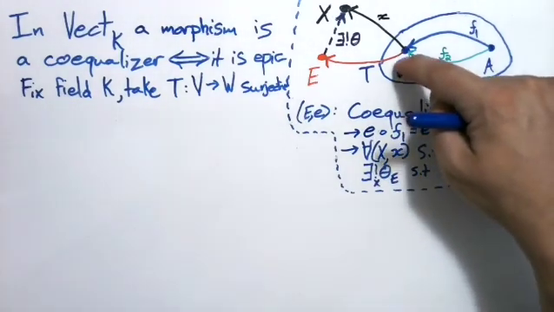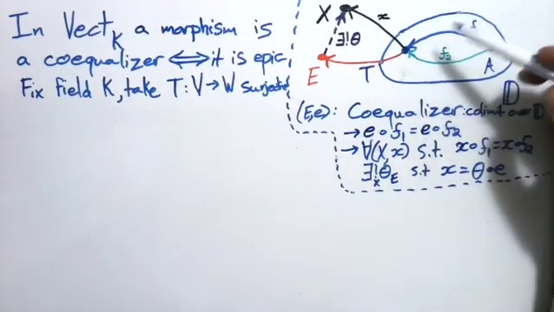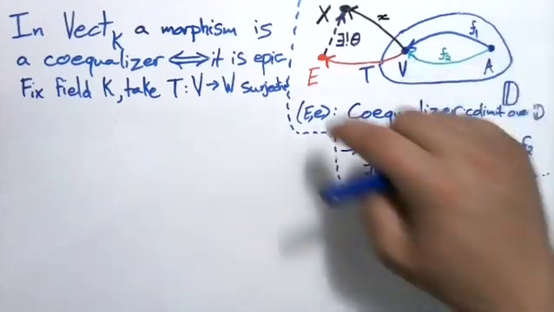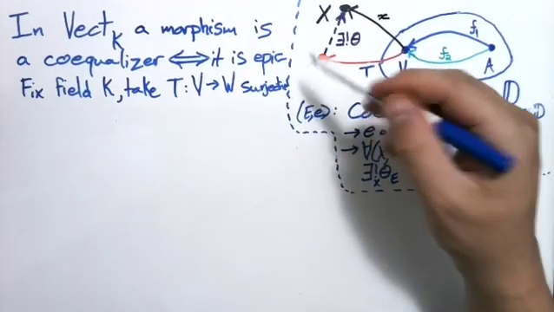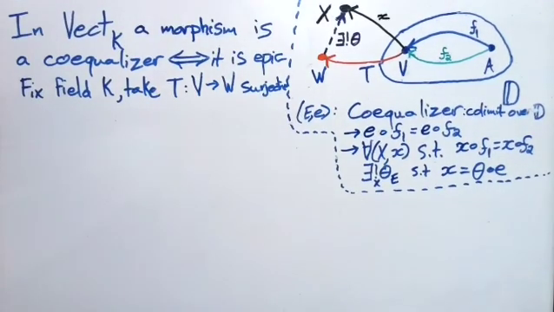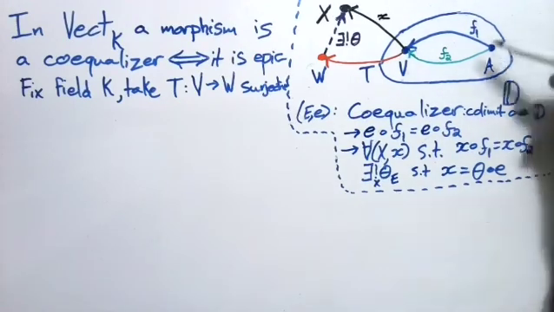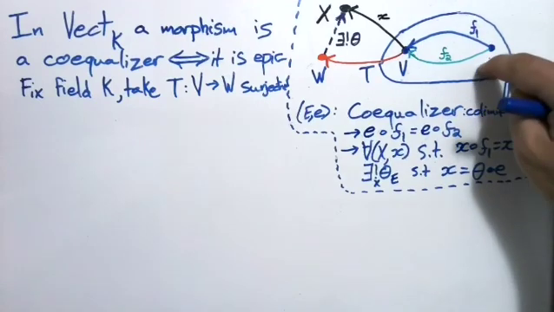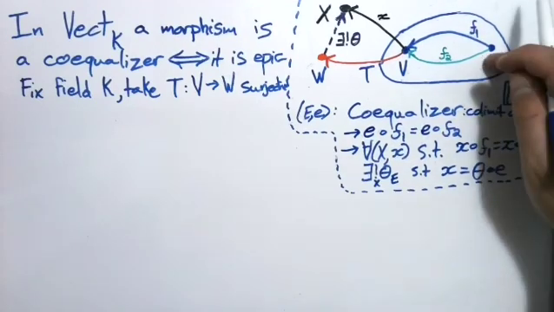And this is going to go from the vector space V to the vector space W here. So basically what we need to find are two linear transformations, both going from some vector space over K. So we don't know what this is yet. This is going to be like a fill in the blank.